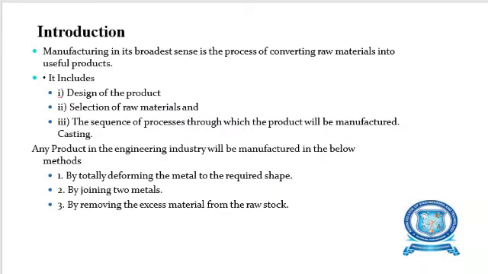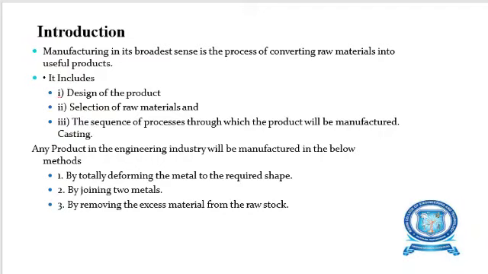Introduction. Manufacturing in its broadest sense is the process of converting raw material into useful product. It includes design of the product, selection of raw materials, and the sequence of processes through which the product will be manufactured.